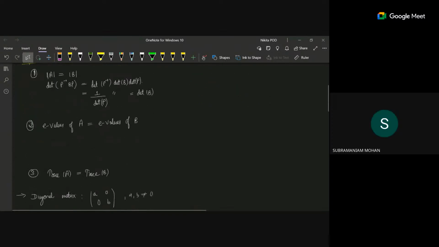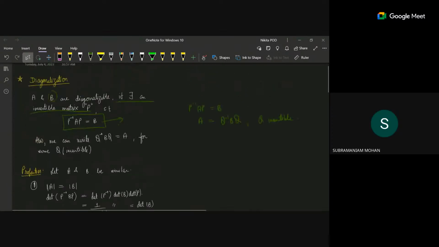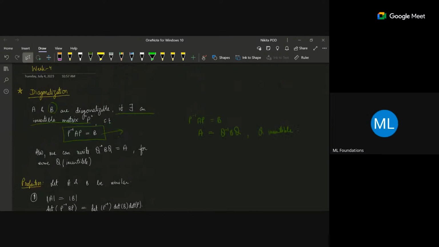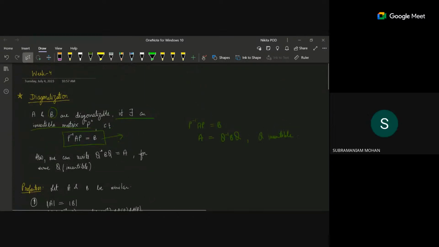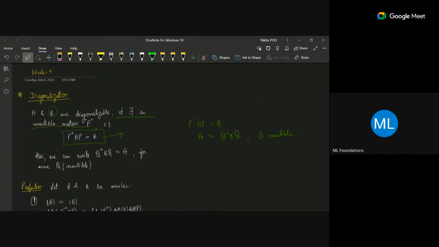Ma'am, why do you start with P inverse AP and then you change it to Q inverse BQ? No, okay. I think when I was saying it, I was on mute. So what I said is, we have two matrices A and B, and we want to check if these two matrices, A and B, are similar.